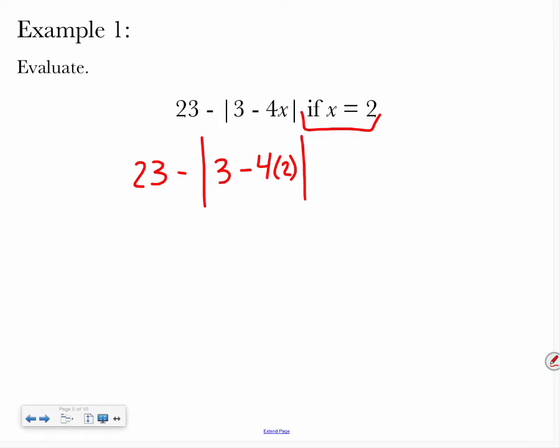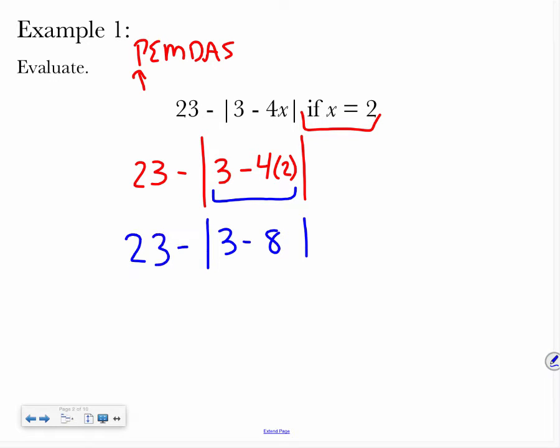Okay, as far as order of operations, absolute value counts as parentheses, okay? You treat them like parentheses. So let's figure out what this equals. 3 minus, what's 4 times 2? So we have 3 minus 8. And 3 minus 8 is negative 5.